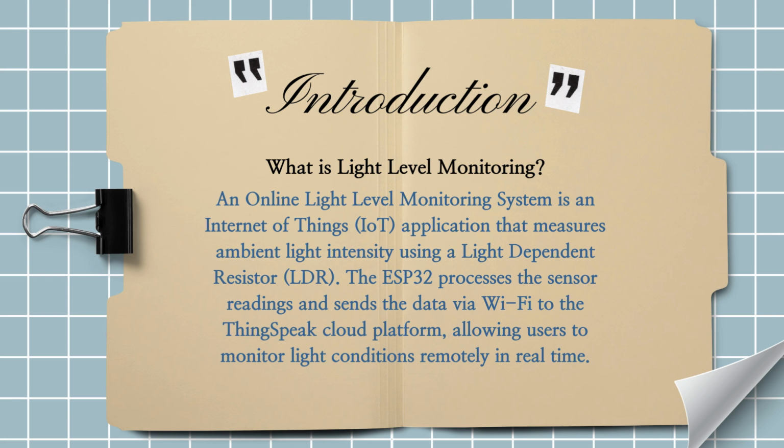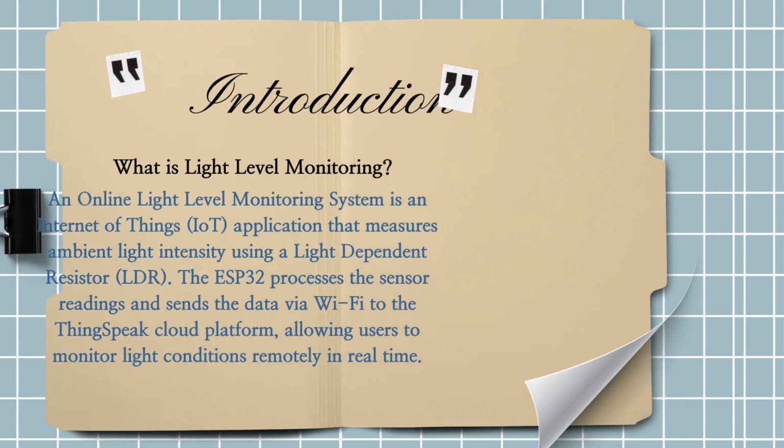The LDR changes its resistance depending on the amount of light received. The ESP32 reads this analog signal, processes the data, and sends it to the ThingSpeak cloud platform through a Wi-Fi connection. As a result, users can monitor light conditions remotely and view real-time readings from anywhere with internet access.